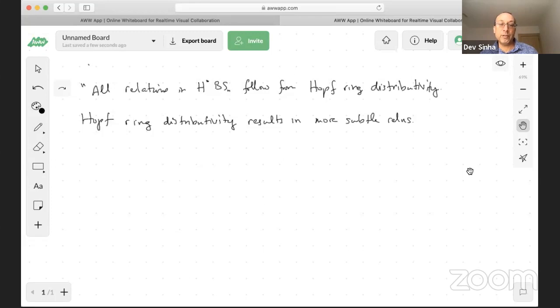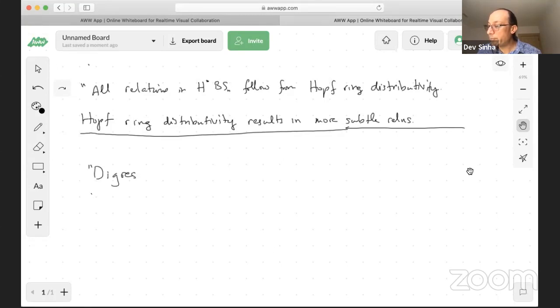But Hopf distributivity results in more subtle relations. And I'm going to talk about a parallel story, and we'll see that it's not coincidentally parallel. In fact, I only realized it was parallel because topology says so. Namely, let's consider some classical rings of invariants.